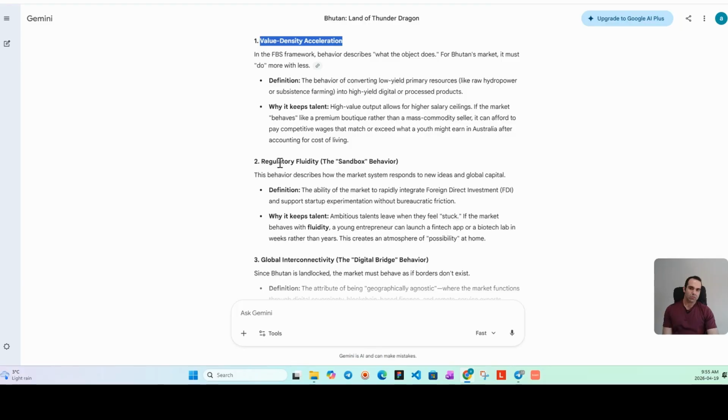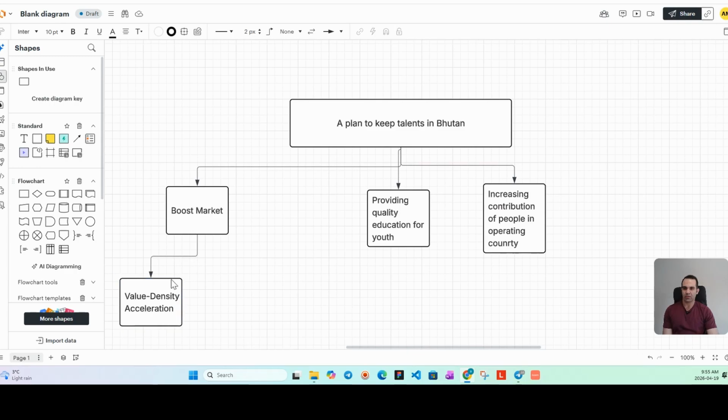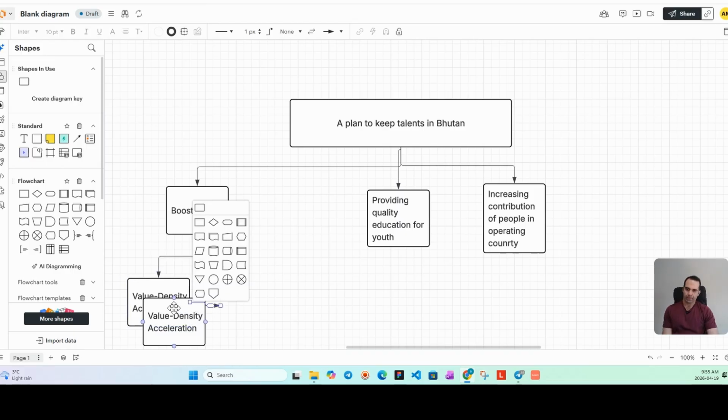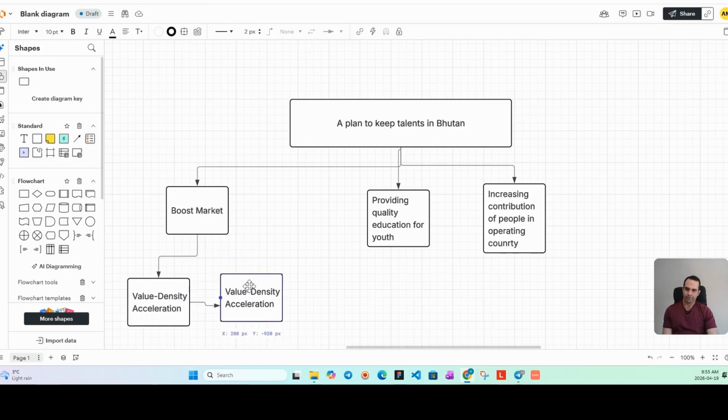So the ability of the market to rapidly absorb more investment.